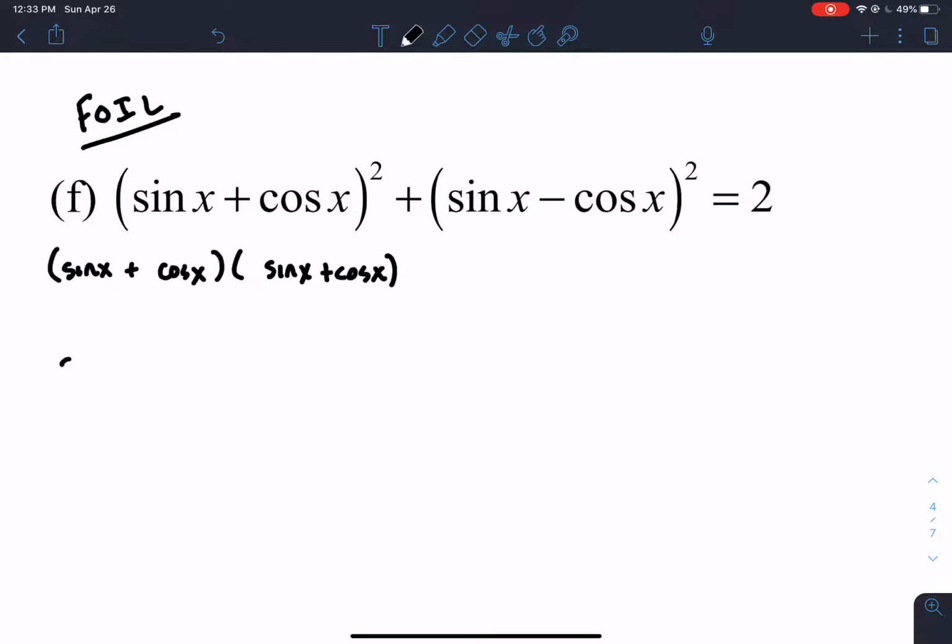All right, so that's going to give me sine squared plus sine cosine plus sine cosine plus cosine squared. Okay, so if I put that together, that gives me sine squared plus 2 sine cosine plus cosine squared.